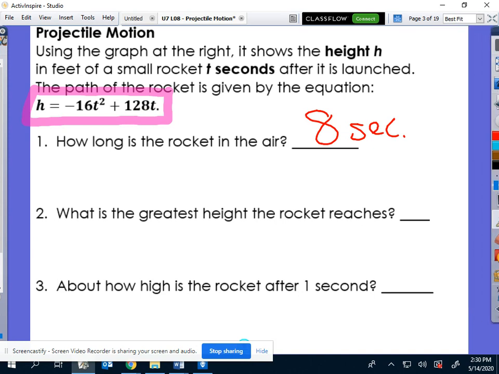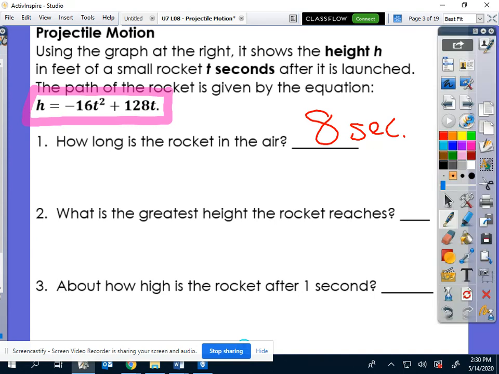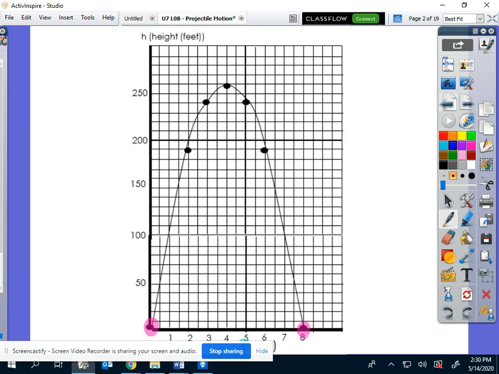But then the next thing is, well, how high did it get? What was that greatest height? That's going to be a really common question that we ask throughout these next two lessons. So obviously you can see that the highest it got was that point right there. Now we don't know exactly what number it is, right? Just by looking at a graph, we can kind of estimate. So just so you realize, that's 200 and that's 250.